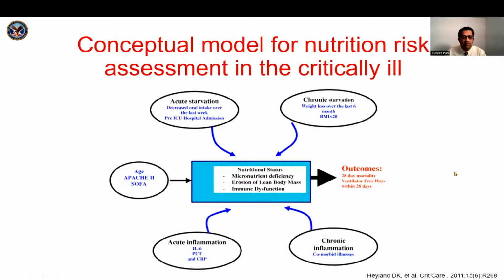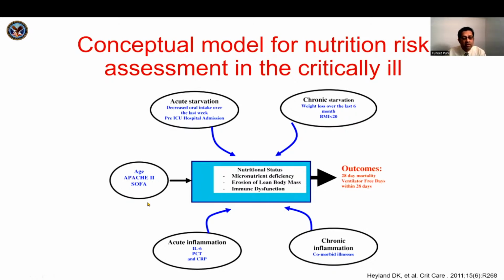The conceptual model for nutritional risk assessment in the critically ill comes from two phases. One is chronic starvation as a result of their chronic advanced progressive disease in most patients, as well as an acute insult associated with acute starvation. Together, there are organ failure and disease severity based on SOFA and APACHE scores, as well as age.